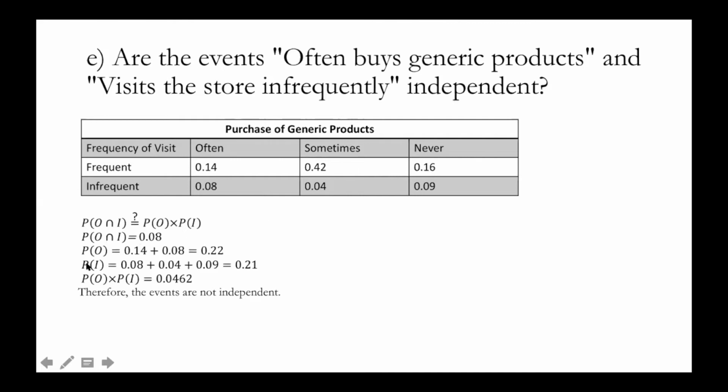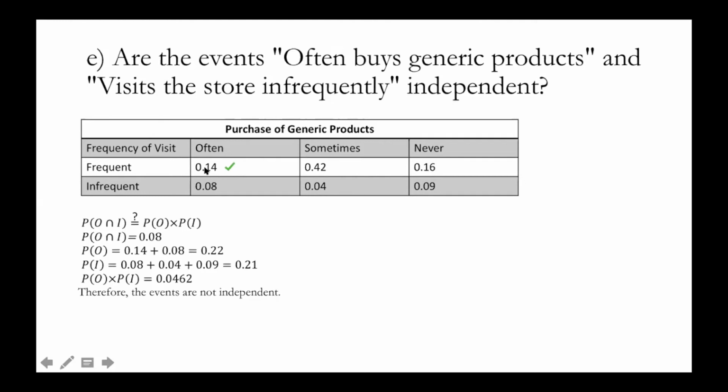Okay, then you simply follow the same procedure as previously. You first need to calculate the probability of one event, and the probability of often buying generic products will be the sum over all these customers, independently of whether they are frequent or infrequent.